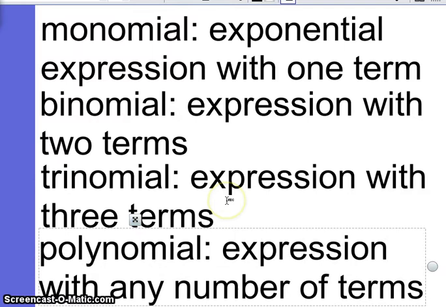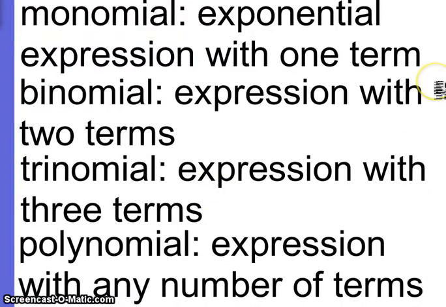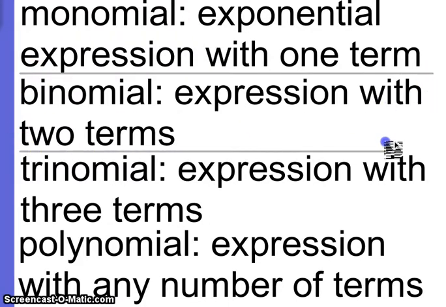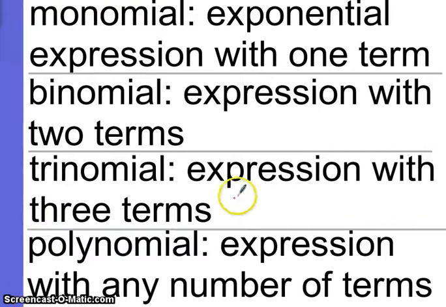So usually, if we are doing a small number of terms, then we'll say, okay, this is a monomial or this is a binomial. And if it's some big number of terms, then we would just say, well, this is just a polynomial. It just has some huge number of terms. So for example, like 6 different terms.